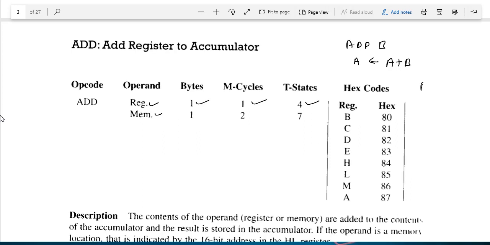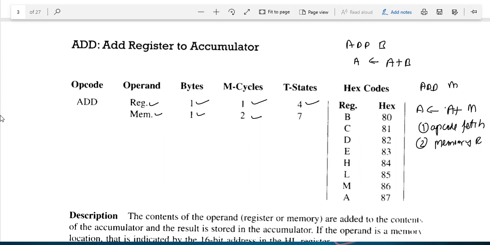Another instruction is ADD M. Here the accumulator data is added with the memory which is indirectly specified as a part of the instruction, and the result goes to the accumulator. It is a one byte instruction having two machine cycles: one is opcode fetch, another is memory read.